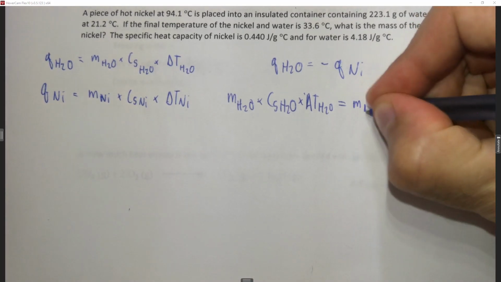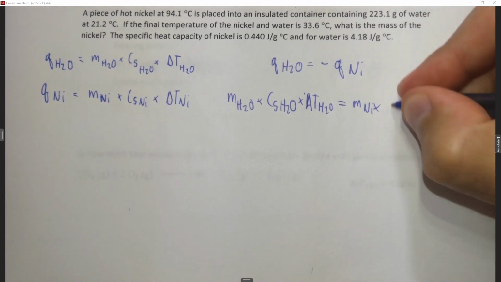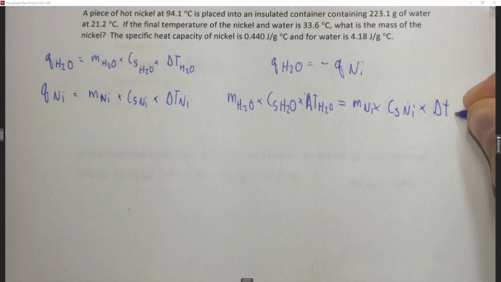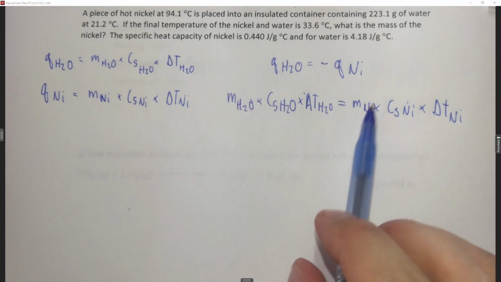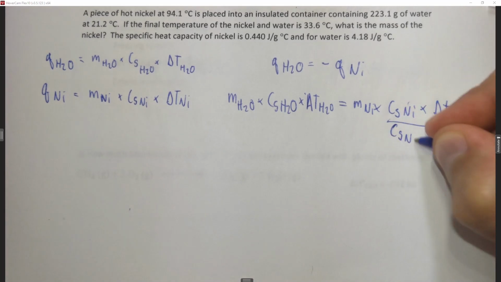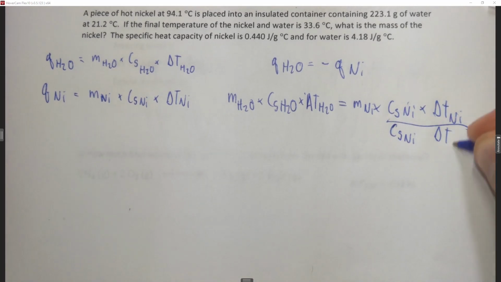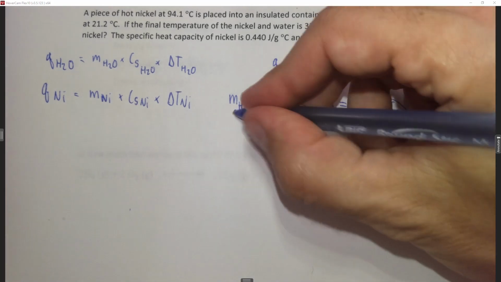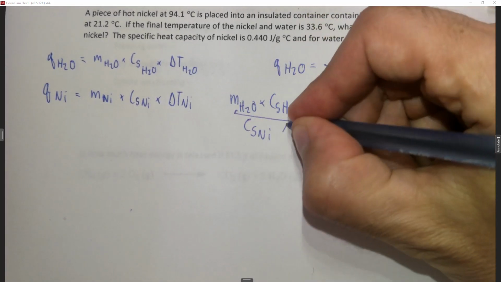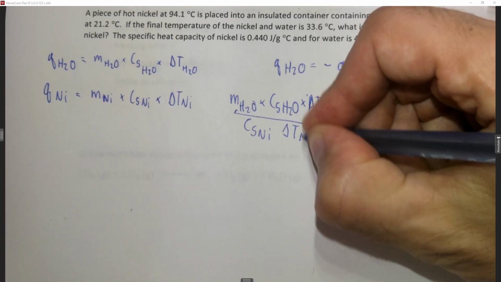So the mass of the nickel times the c sub s of the nickel times the delta T of the nickel. Now, what we want is our x, the mass of the nickel. So if we divide by c sub s of the nickel and delta T of the nickel, those cancel. And we of course have to divide this side by the same thing, the c sub s of the nickel and the delta T of the nickel.